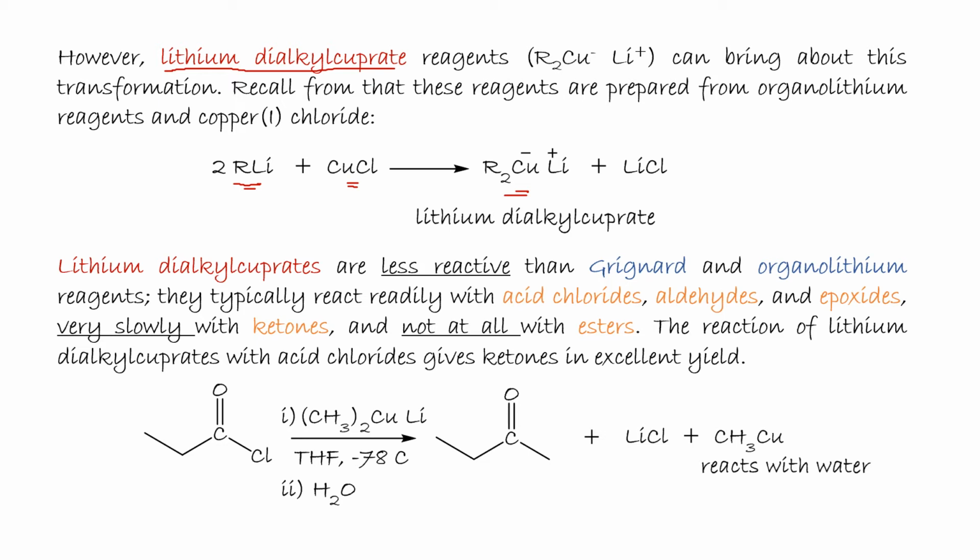They typically react readily with acid chloride, aldehydes, and epoxides very slowly to give ketones, and not at all with ester. So they react with acid chloride, aldehyde, and epoxide, not an ester. Okay? The reaction of lithium dialkylcuprate with acid chloride gives ketone in high yield.